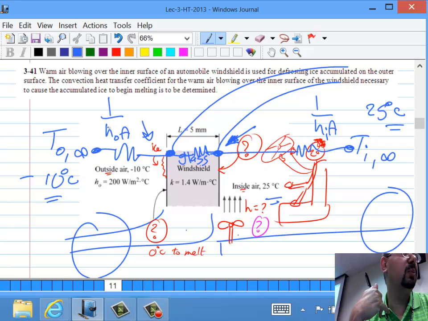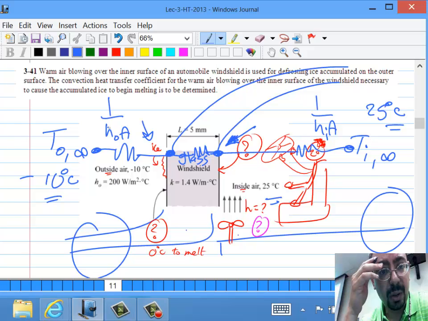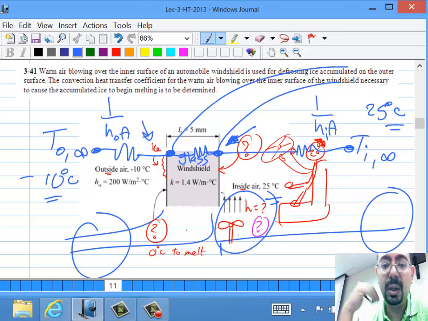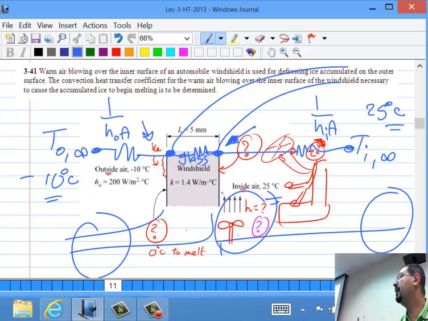Warm air blowing over the inner surface of an automobile windshield is used for defrosting ice accumulated on the outer surface. The convection heat transfer coefficient for warm air blowing over the inner surface is to be determined. So he would like to figure out how much heat transfer is needed on the inside to raise the temperature on the outside of the glass to 0 or higher.